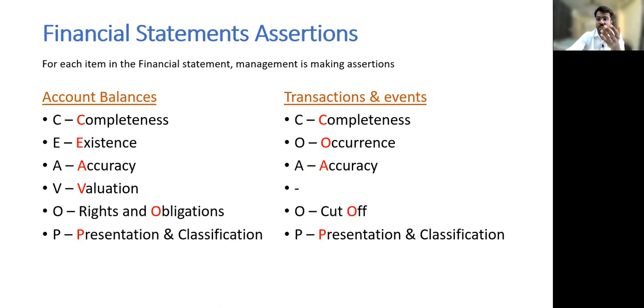That the plant and machinery, the 10 plant and machineries which have been recorded, whether in reality, in physicality, there are 10 plant and machineries which are physically existing or not. You were checking for their existence. Similarly, here, all of the transactions and events which have been recorded, whether they've actually occurred or not, that you're checking.